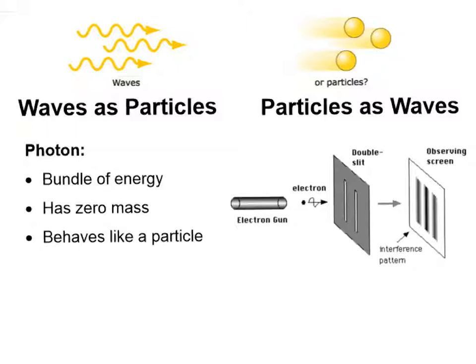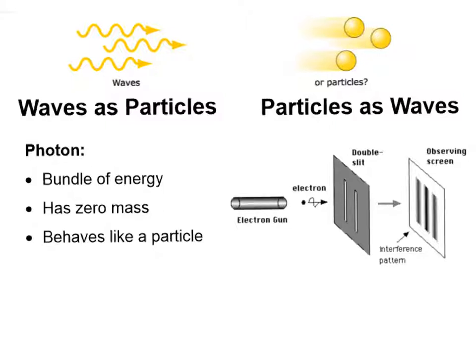Light is an electromagnetic wave, and why would it behave like a particle? In 1905, Albert Einstein came up with this idea of a photon. Light travels in little packets called photons, which are bundles of energy that have no mass, and they simply behave like a particle.